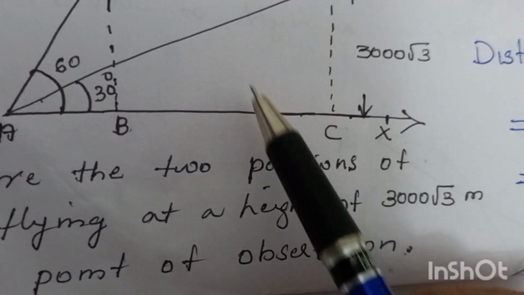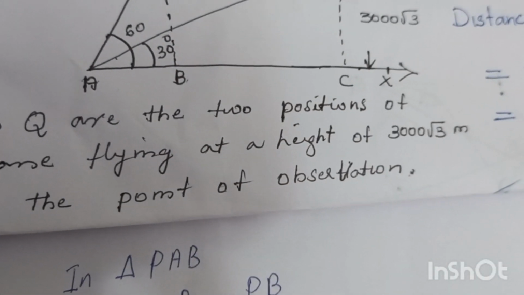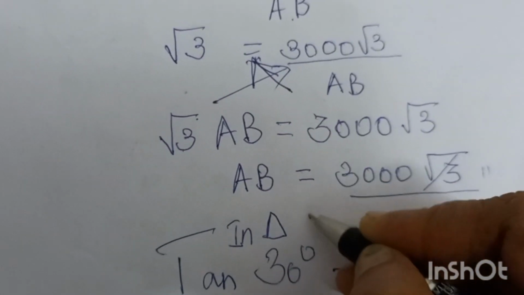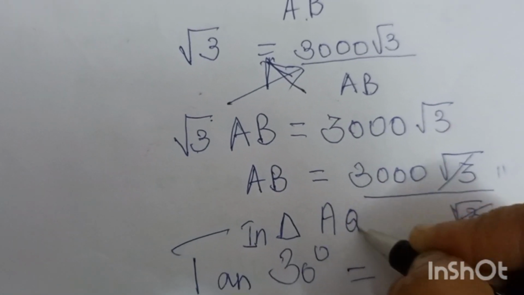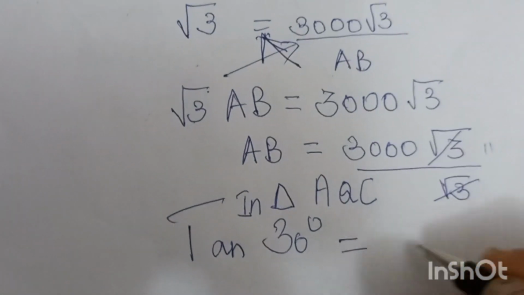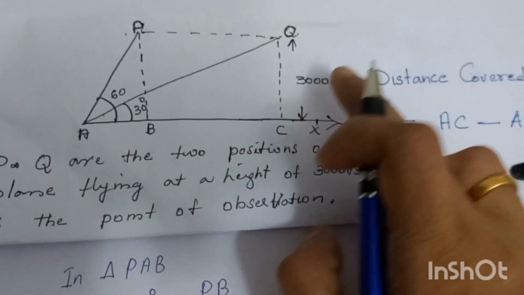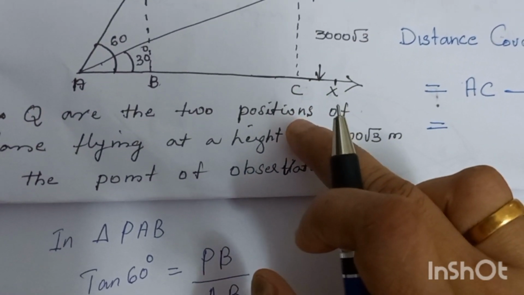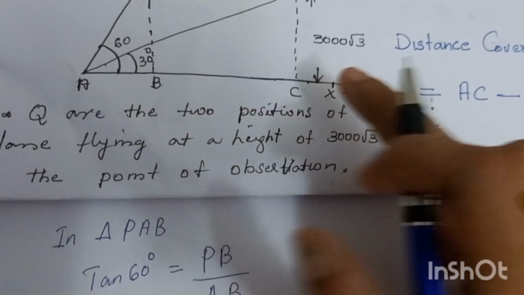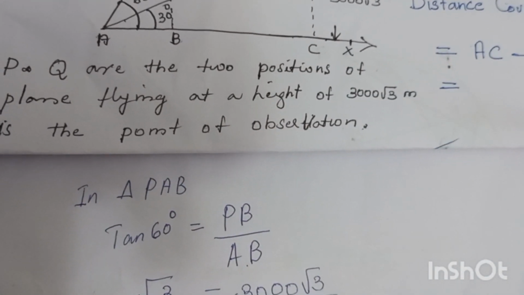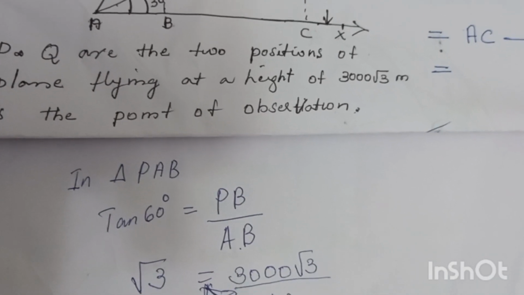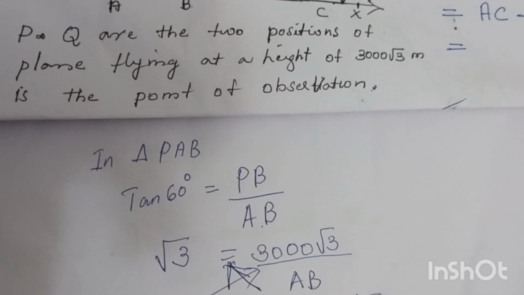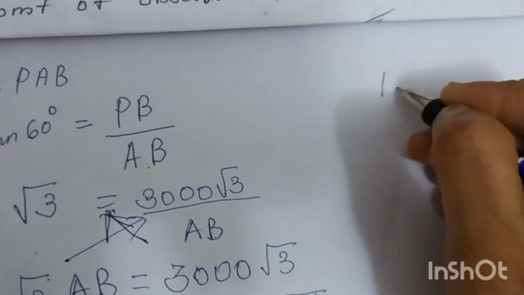Now in this triangle AQC, tan 30 degree is equal to, what is tan 30 degree? Tan 30 degree is equal to QZ divided by AC, which is equal to 1 by root 3.